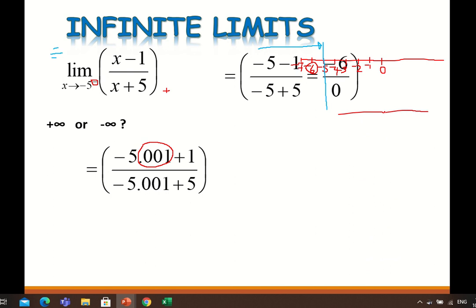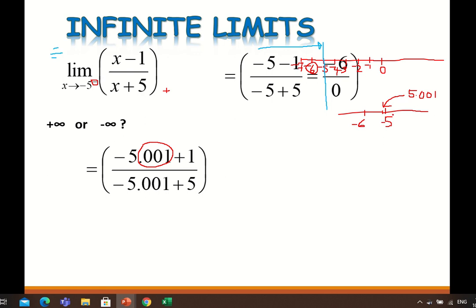Assuming this is our -5, at this point it is something like -5.001, because as you go to the left, it becomes -6, so this is negative, this is negative.